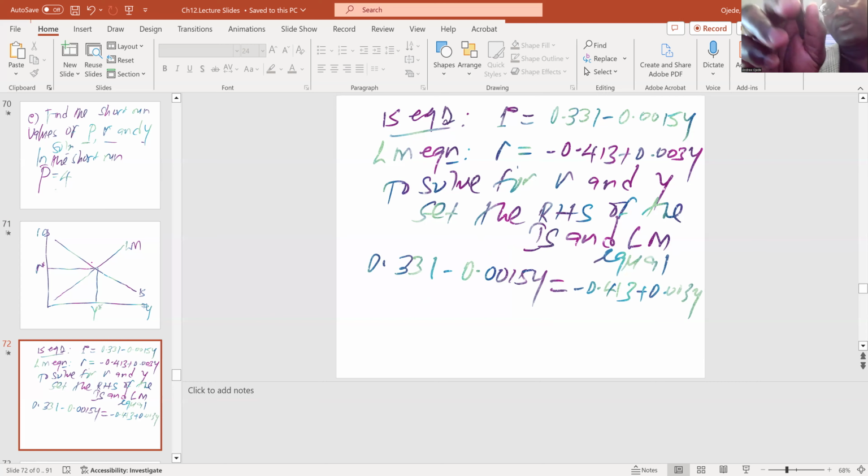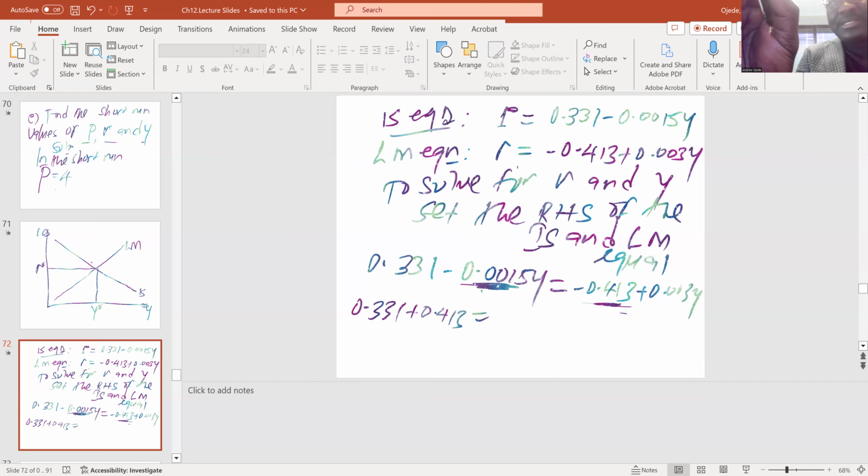Now I'm going to collect terms in Y together and numbers together. Because there's a negative on 0.413, I add it to both sides, so the left-hand side is 0.331 plus 0.413. Then take the Y term to the other side: 0.003Y plus 0.0015Y.